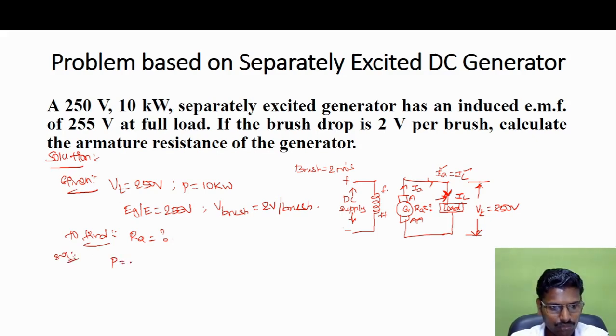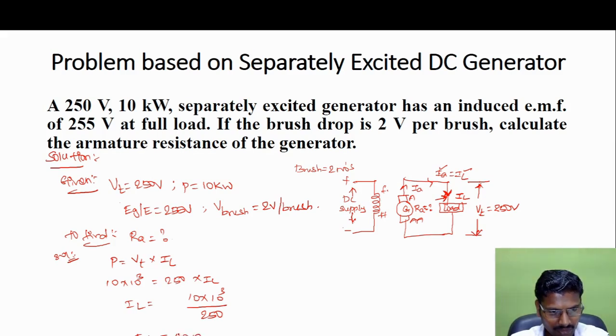P is equal to Vt into IL, where P is 10 into 10 to the power 3, since 10 kilowatt, is equal to 250 into IL. So IL is equal to 10 into 10 to the power 3 divided by 250. So IL is equal to 40 amps.